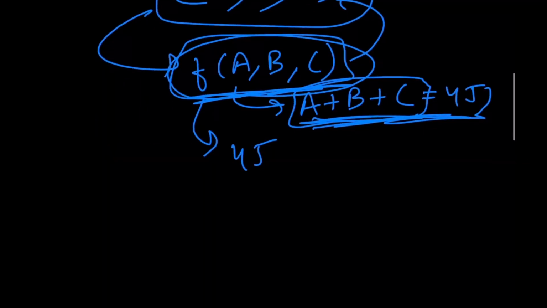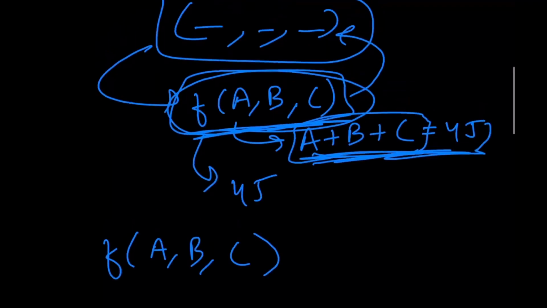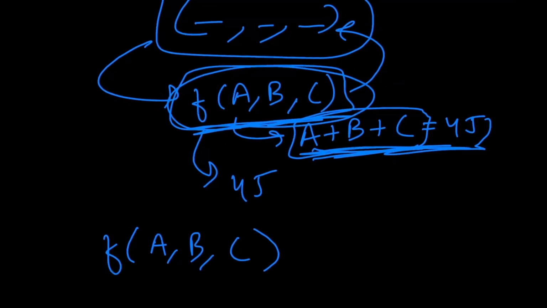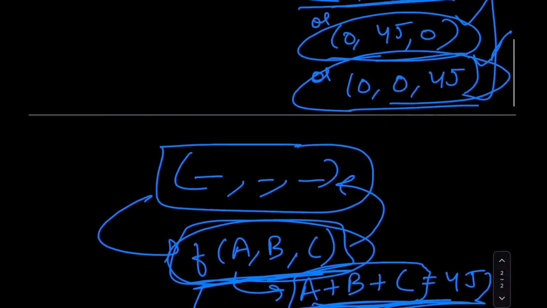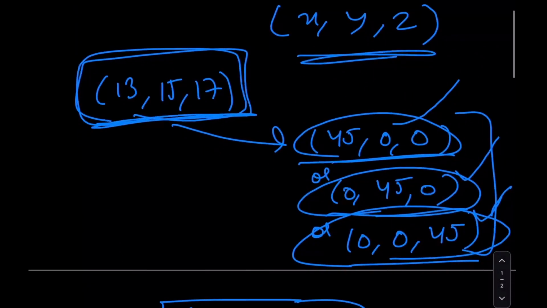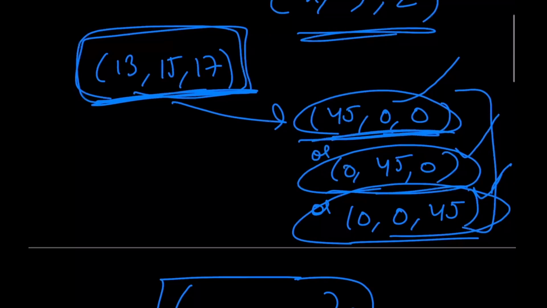So essentially what I'm saying is f of a comma b comma c is always constant, no matter what the actual state is, at a value of 45. Looking at this, you might think, well, okay, we initially had a sum of 45, and all the three ending cases also have a sum of 45.